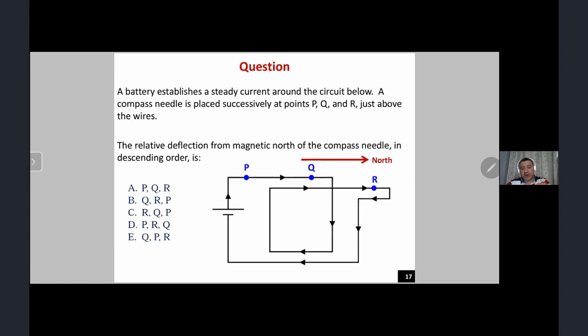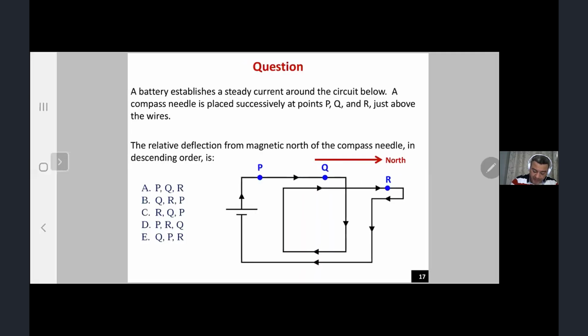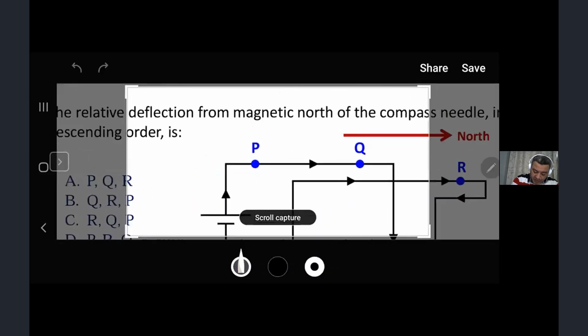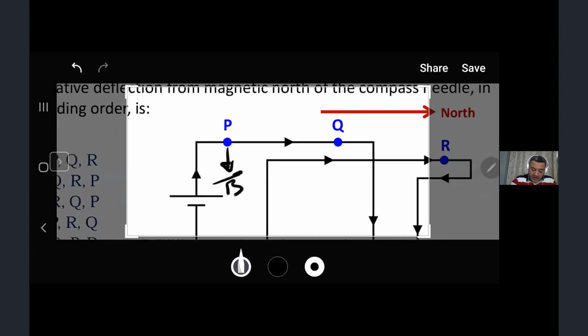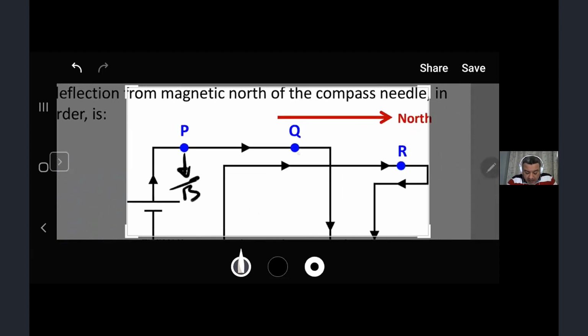Now, what happens if I put the compass right on top of the wire, right at point P? If you think about it, if you follow the direction of the wire with your thumb, then you will see that the magnetic field generated will be pointing downward based on the right hand rule, right on the top at point P. If I look at the point Q, I have two currents going in the same direction.